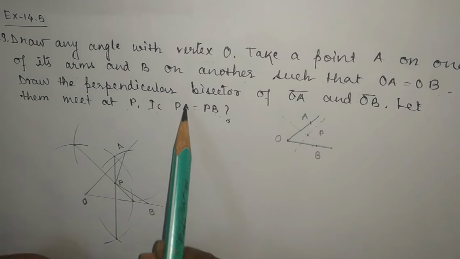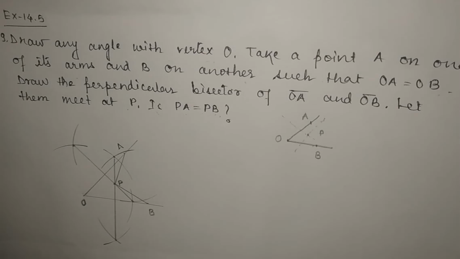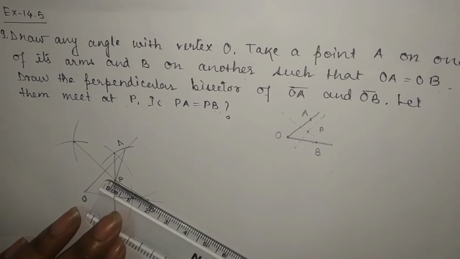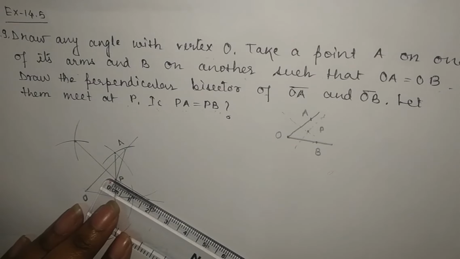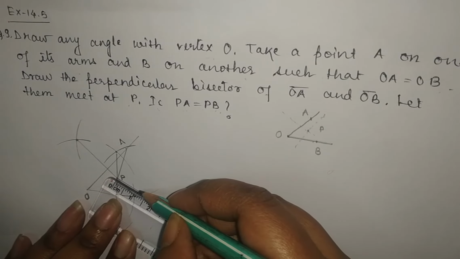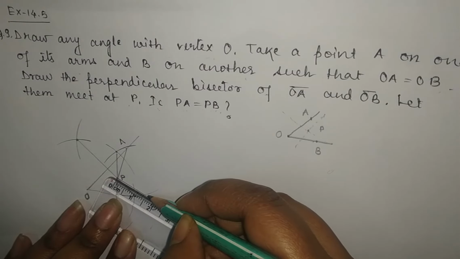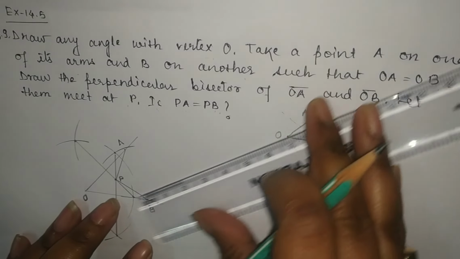Now we have to check whether the length of PA is equal to the length of PB. So for this we'll take the ruler and take the measurement of PB at first. See, it is coming here is 1, 1.5, 1.6, 1.7. It's coming 1.7 centimeter for PB.